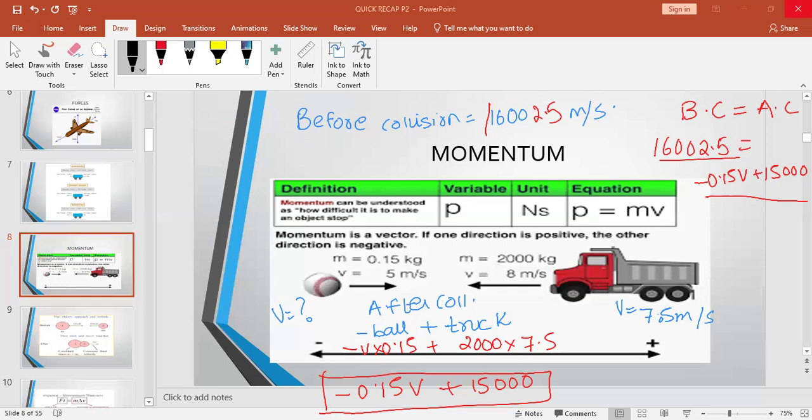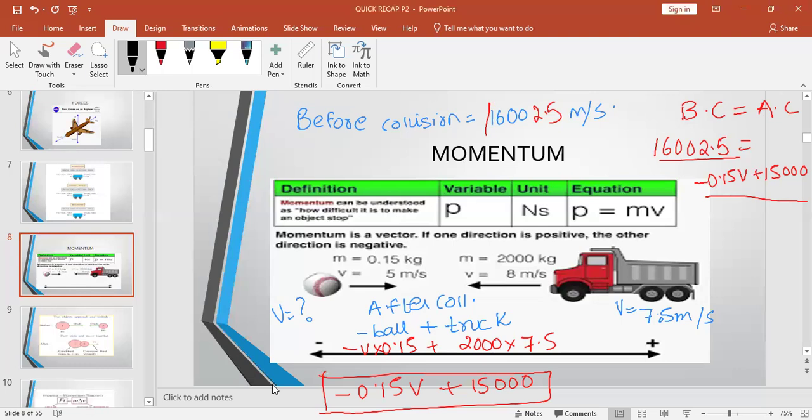The answer is going to be negative, right? Have you done it like this? 1602.5 minus 15,000?